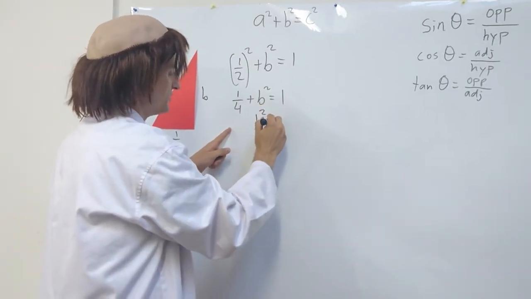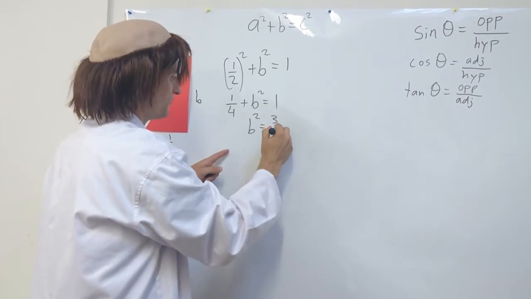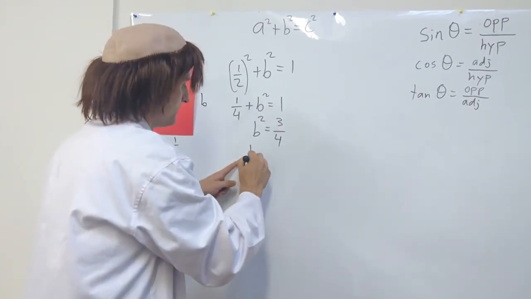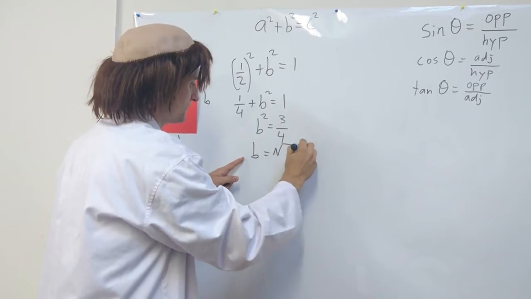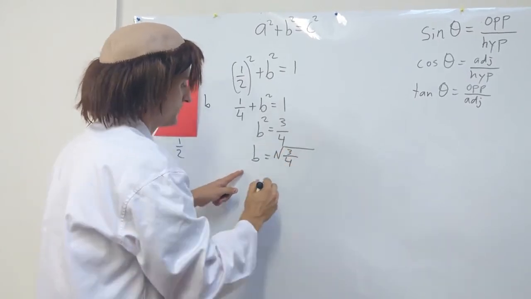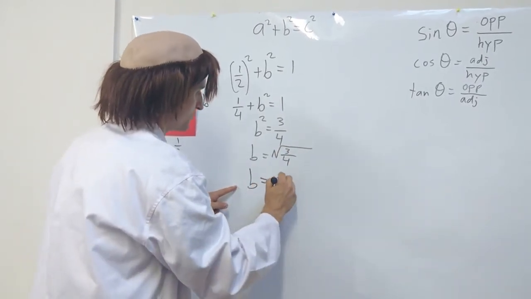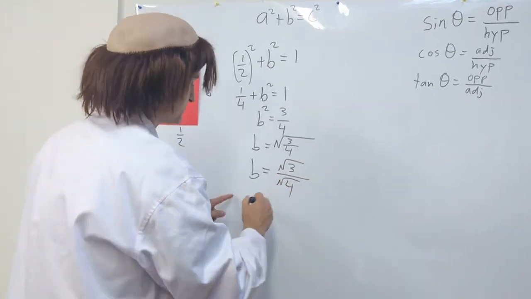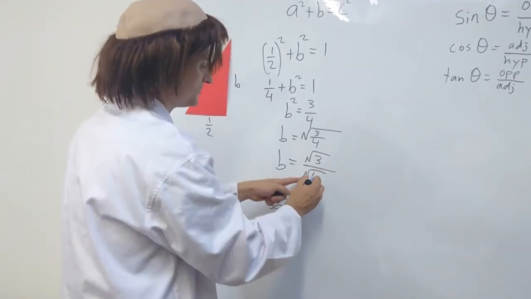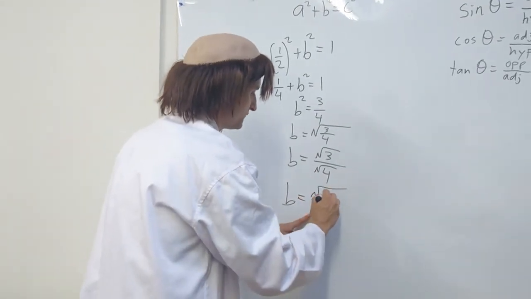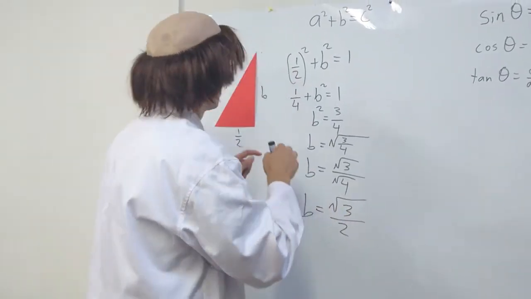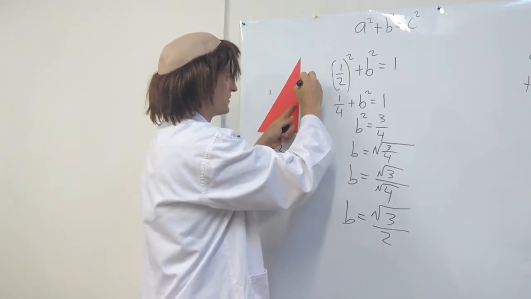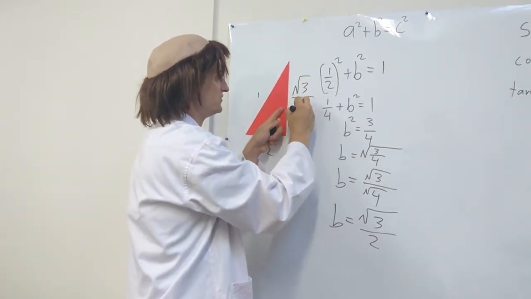B squared equals 3 over 4. B equals the square root of 3 over 4. Square root of 3 over square root of 4, which ends up being, after you square root the 4, square root of 3 over 2. So we'll replace this by square root of 3 over 2.